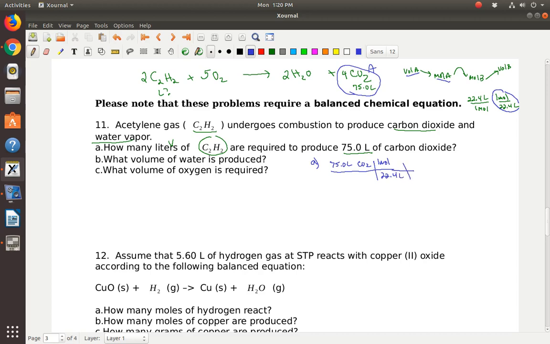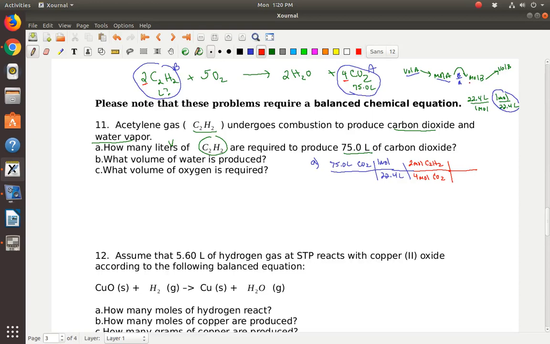So that will be the first step, and then we're going to do the B over A to get to the new molecule. Our new molecule is acetylene, so that's our B, and we have to do the ratio. Remember, ratios come from the coefficients, so the B goes on top. 2 moles of C2H2 are needed for every 4 moles of carbon dioxide, so that's the ratio.